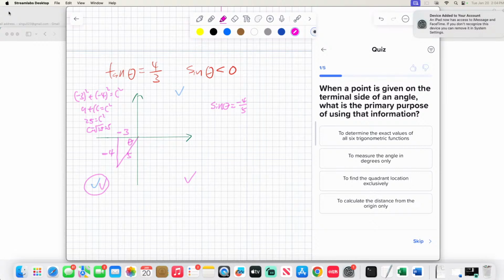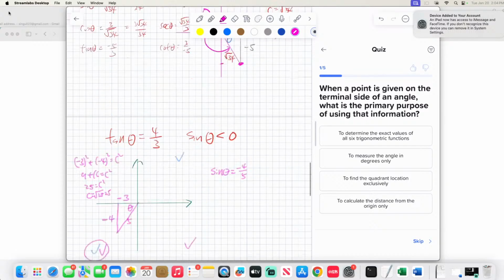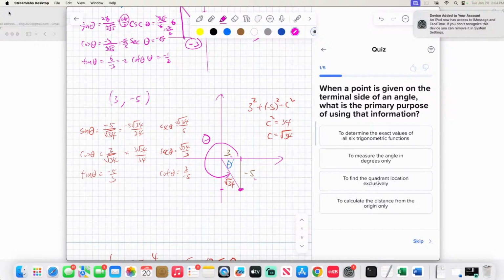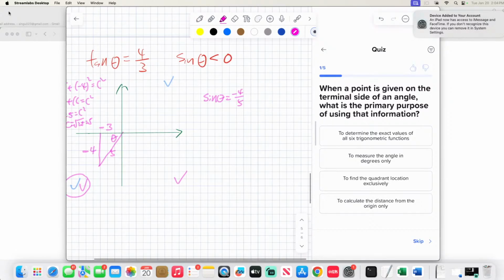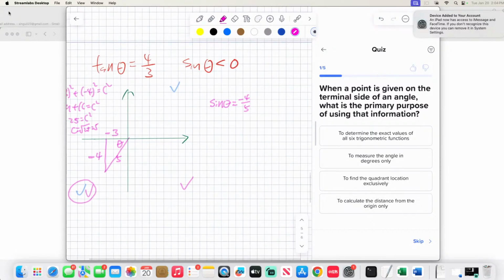But 5 has to be the hypotenuse in a 3, 4, 5 triangle. The other one's kind of tricky: if this one's 3, 5, and now this one's 4, that doesn't make sense. So sine of theta is equal to -4 over 5. Does that make sense? Cosine theta is going to be what?